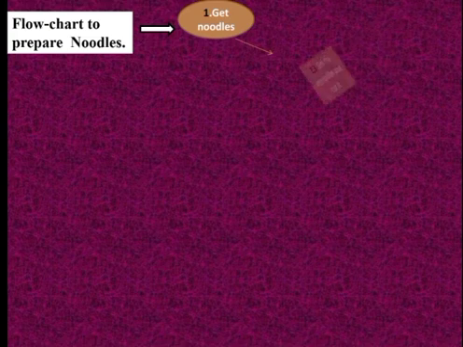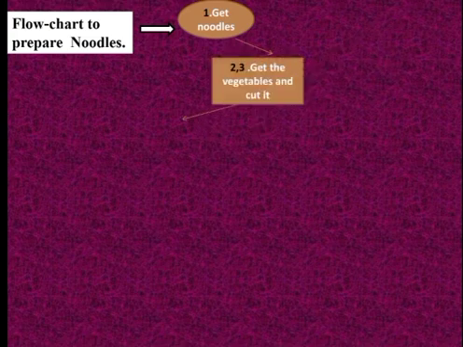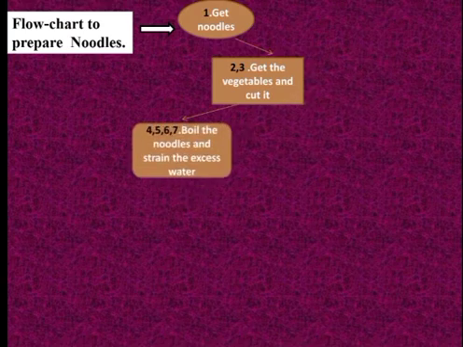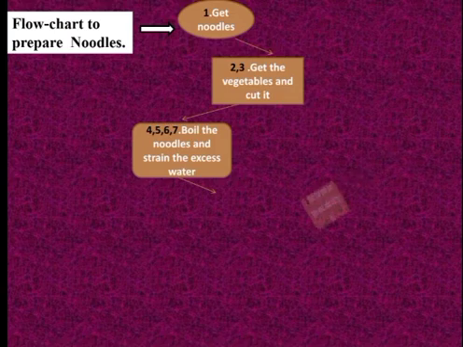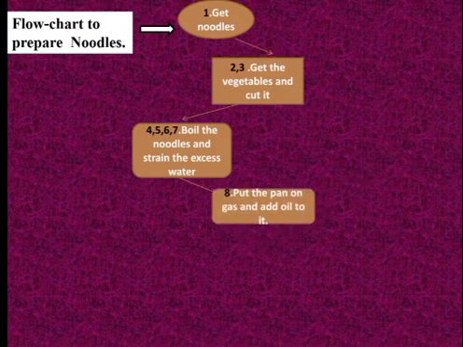See, okay? First one, get noodles. Then next steps 2 and 3 are get the vegetables and cut them. Then 4, 5, 6 and 7 include boil the noodles and strain the excess water. Then the next step tells you to put the pan on the gas and add oil to it.